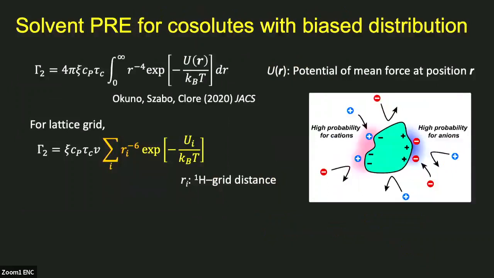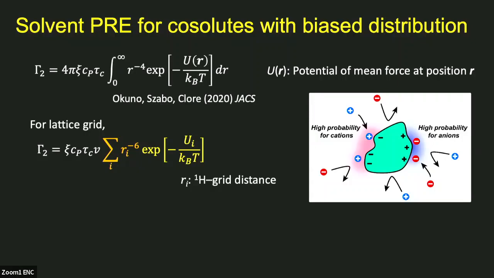The most important equation for that is shown here. This was published by the group of Marius Clore, my former mentor. Actually, this equation has already been shown in Dr. Okuno's presentation. Here in this equation, r is the distance between the paramagnetic center and the observed nucleus, and U here is the potential of mean force for a particular position.